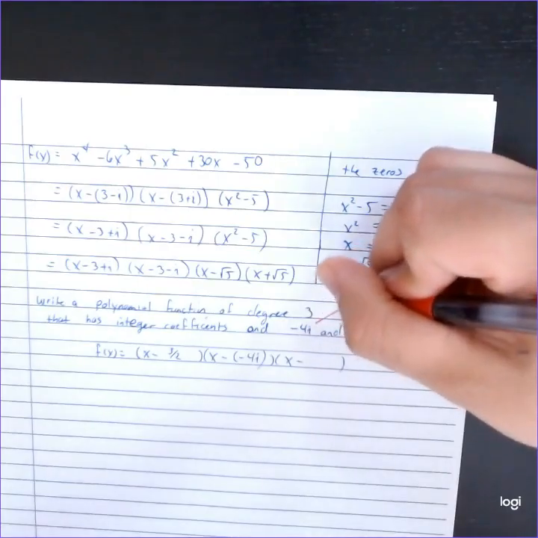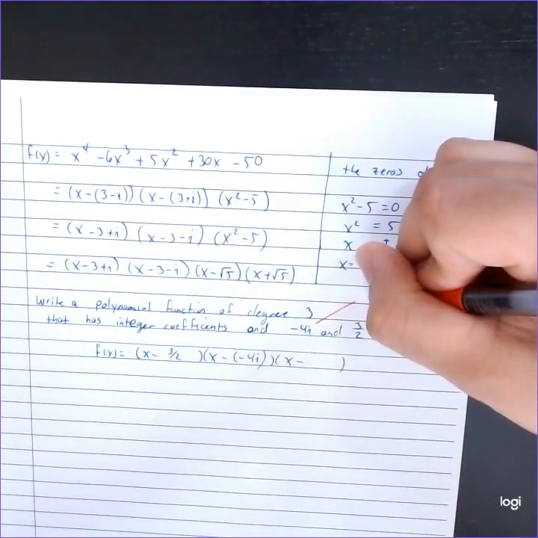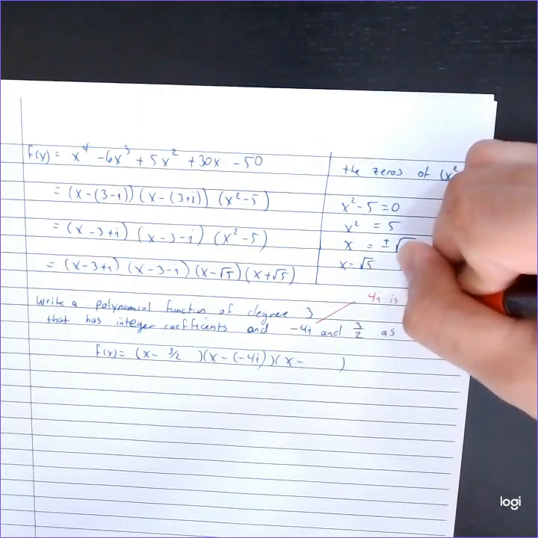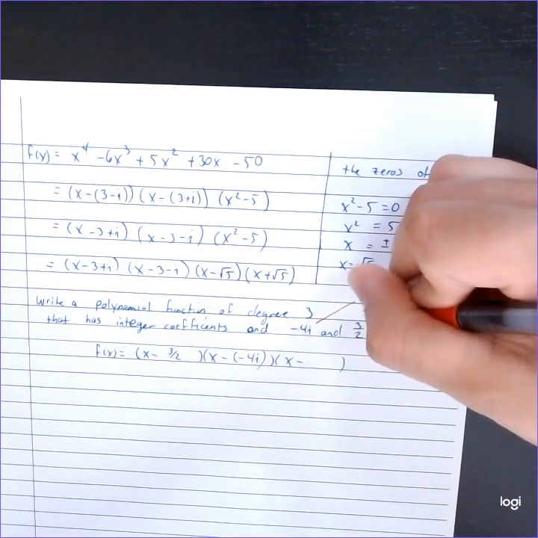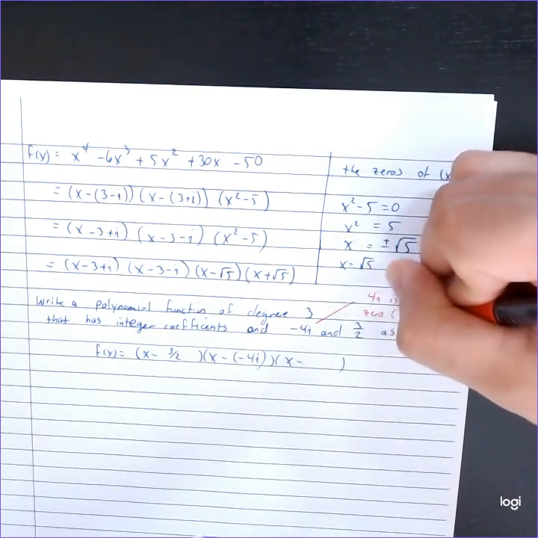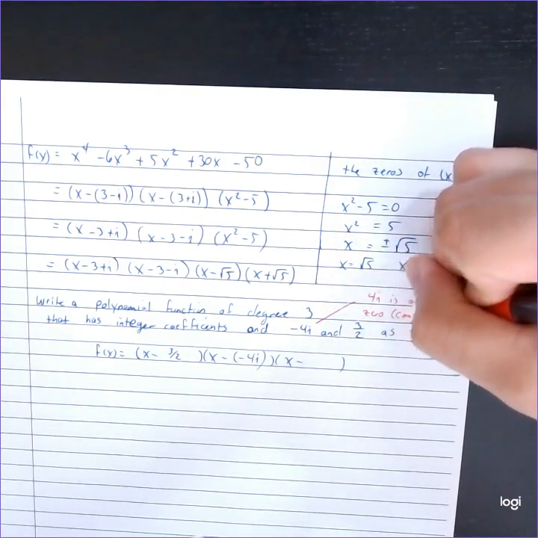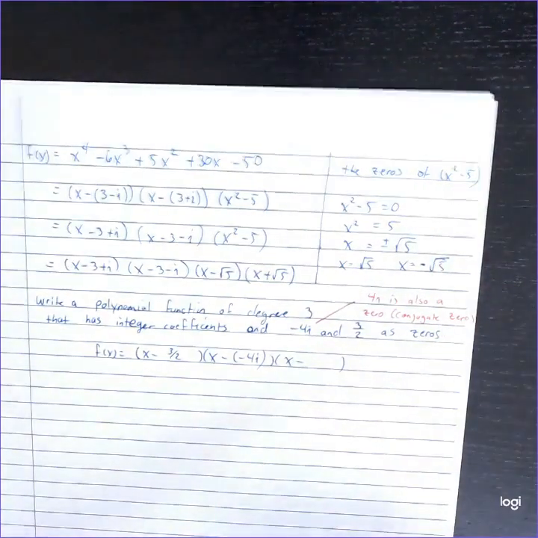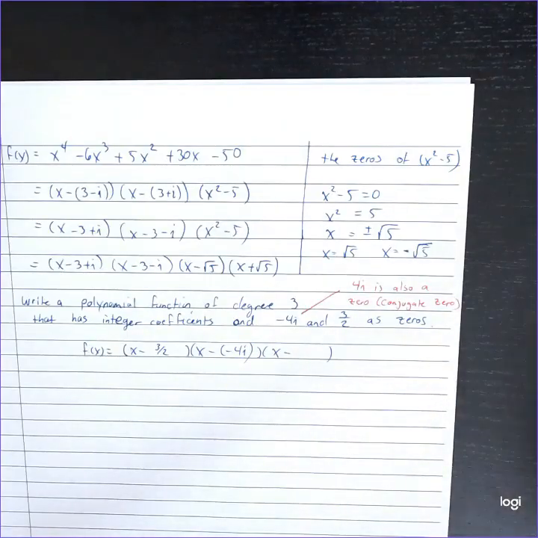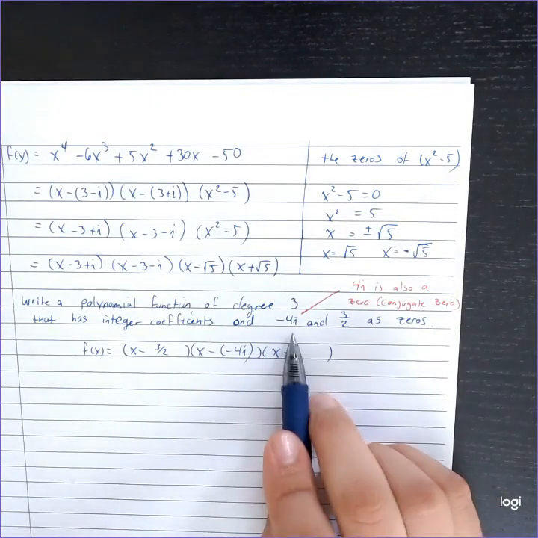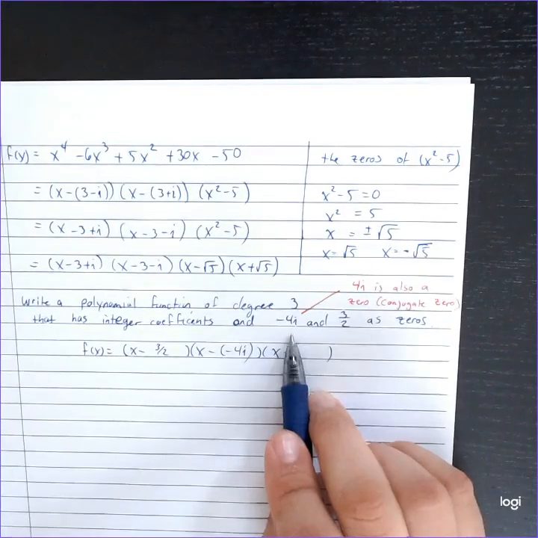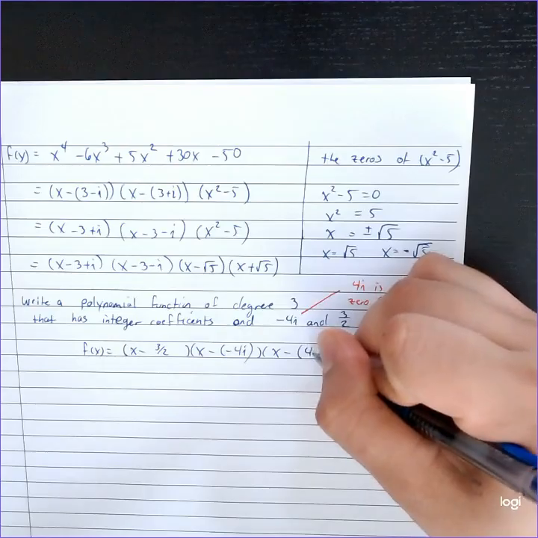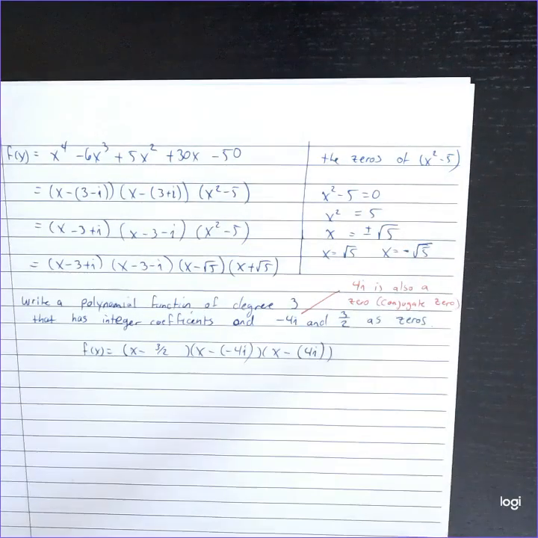Then we know that 0 plus 4i, or we can just say 4i, is also a 0. So we know that negative 4i is a 0, but by the conjugate zeros theorem, positive 4i is a 0. So that's going to be minus positive 4i, like that.